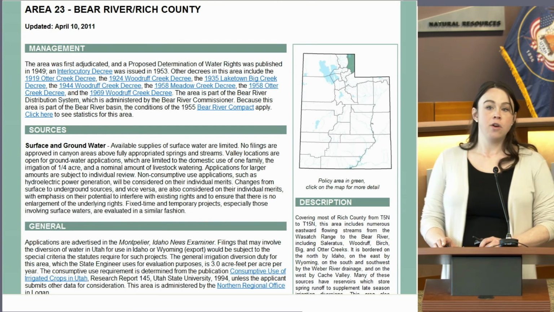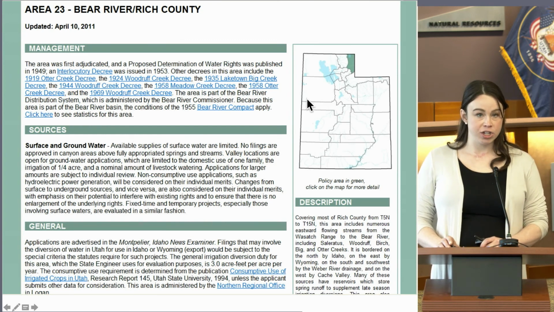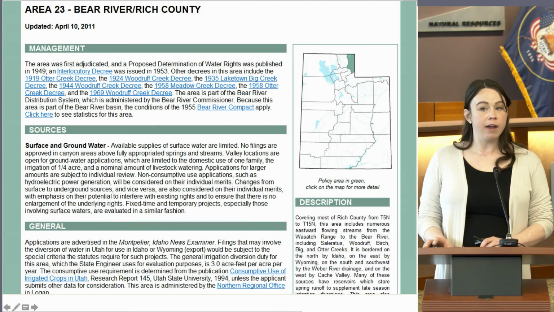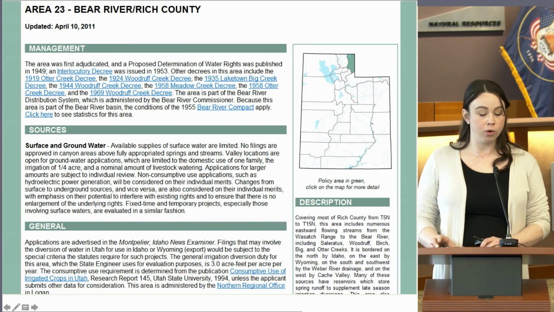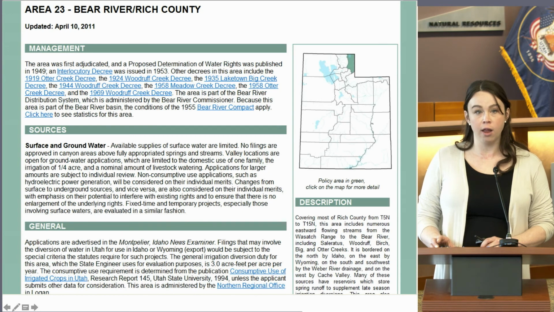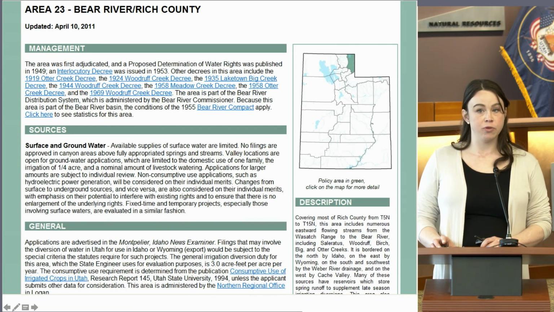Under that, for the purpose of my presentation, the Sources tab, this is very important. So this is where you're going to go to find out if you are able to apply for water in the area or if you're going to need to find water for sale and then file change applications to move it to your property.